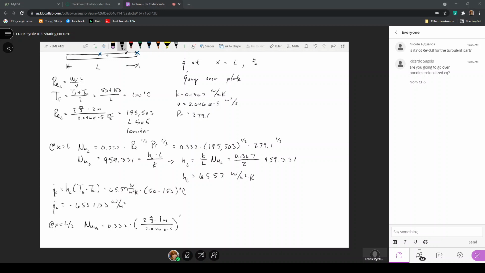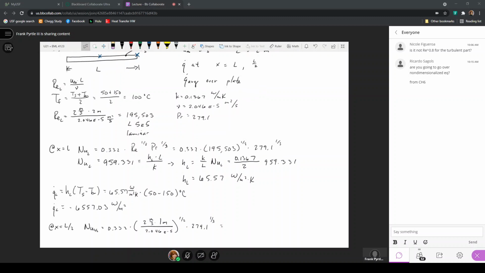And this quantity will be raised to the 1/2 power times the Prandtl number of 279.1 raised to the 1/3. So here, this expression of the Nusselt number is determined based on a Reynolds number that changes because we're evaluating it at L over 2, or at the midpoint along the length of the plate.